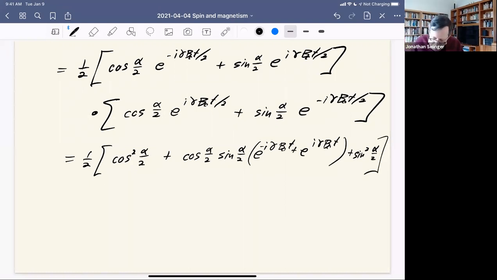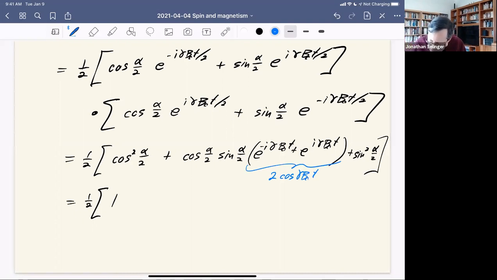Okay. And now what? This is 1/2. Let's see. The cosine squared plus the sine squared is equal to 1. Right? And then this stuff right here is 2 cosine gamma B naught t.